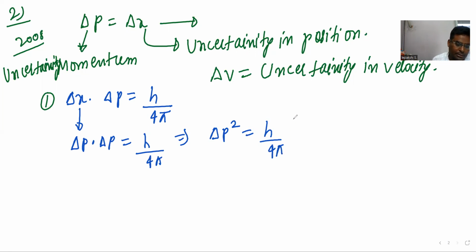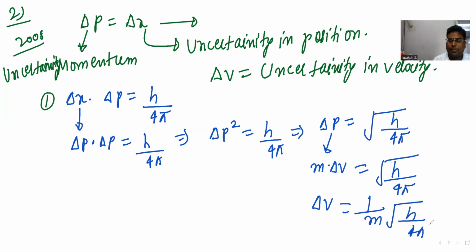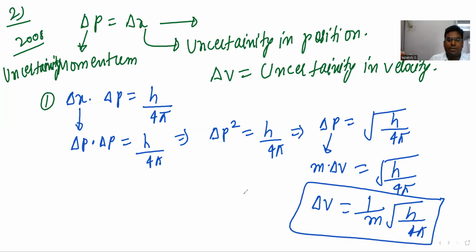So delta p will be equal to under root of h upon 4 pi. And as we know, momentum is mass into velocity, so m into delta v is equal to under root of h upon 4 pi. So you can find delta v now: it will be 1 upon m under root of h upon 4 pi. So this will be the formula for uncertainty in velocity.